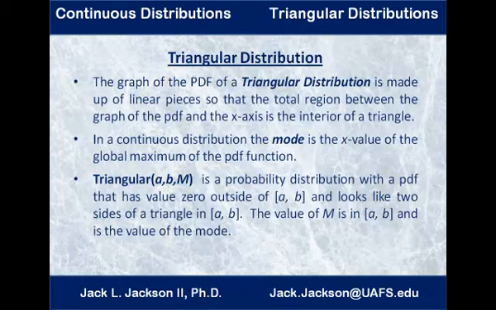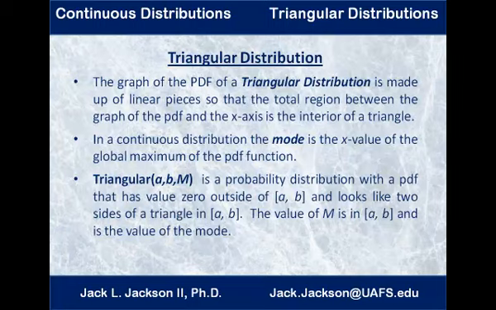Now, when you get to a continuous distribution, the mode is the value of the random variable, the x, such that the curve on the PDF graph is at the highest point. So once again, it's the highest point on the curve like it was in the PDF of a discrete distribution, but in a continuous distribution, of course, that's not a probability, but it's still the highest value.